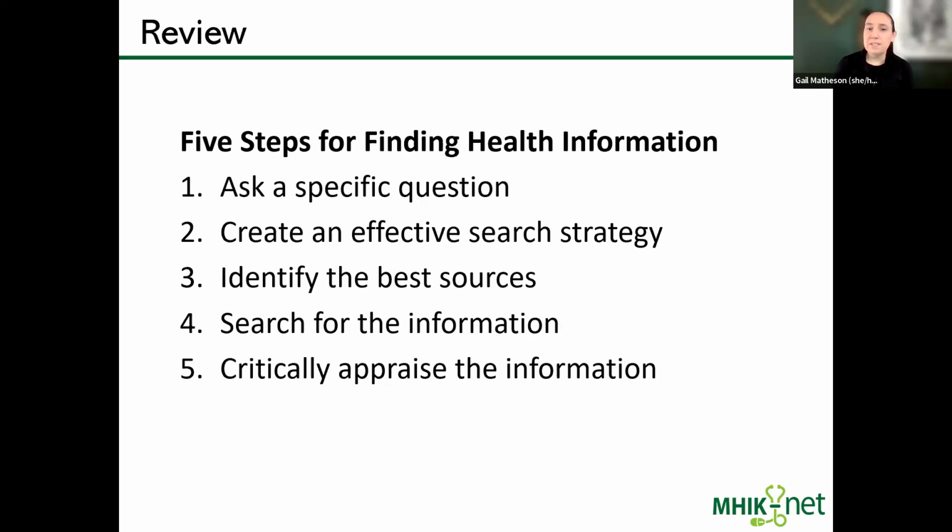So using the thesaurus, finding those synonyms, finding medical terminology versus layperson terminology, and really constructing that word map of terms. Then 3, identify the best sources. So determine where you want to search, if UpToDate makes sense, if Google Scholar makes sense, or PubMed. And then 4, do the actual search for the information.